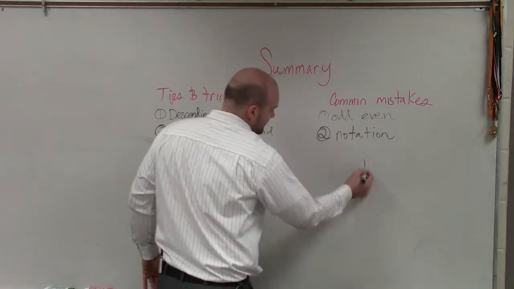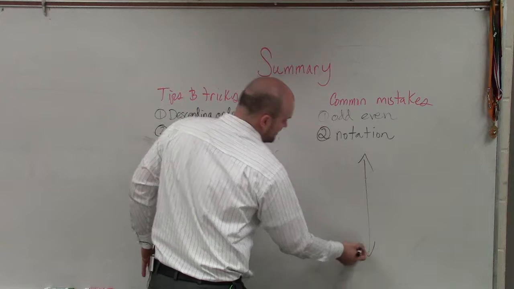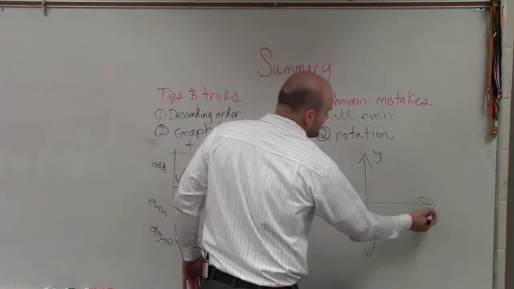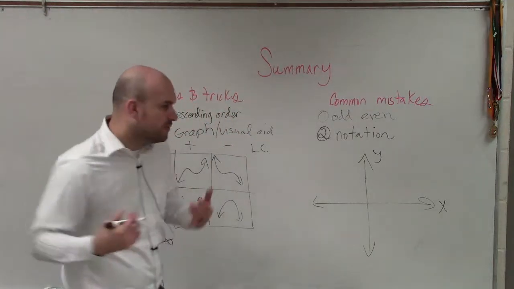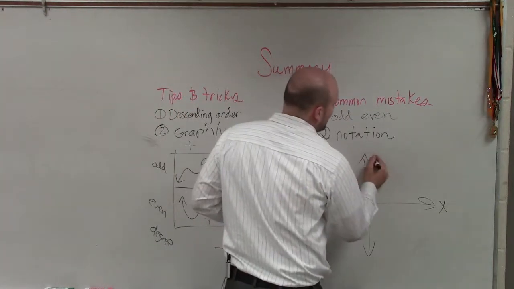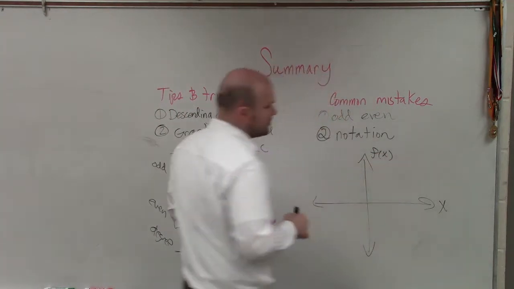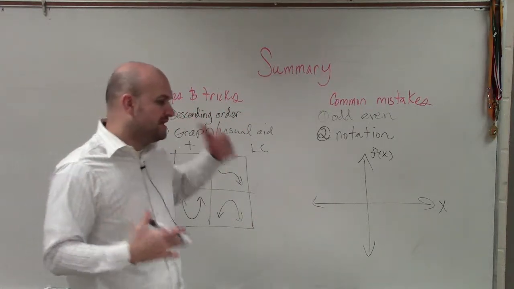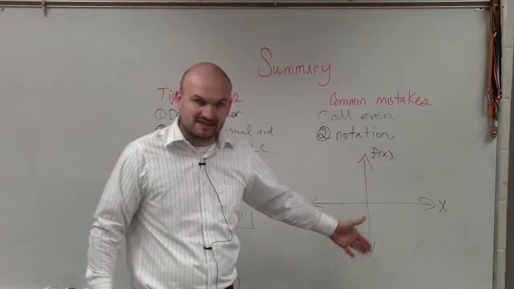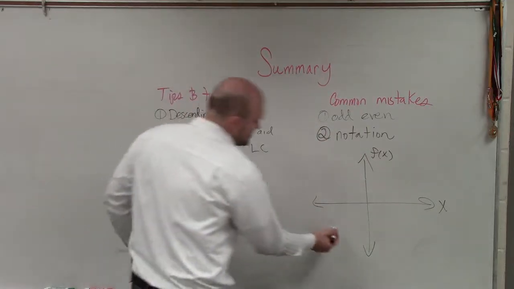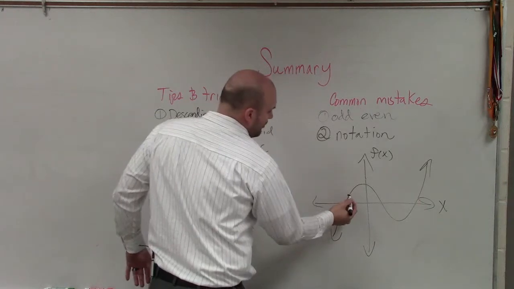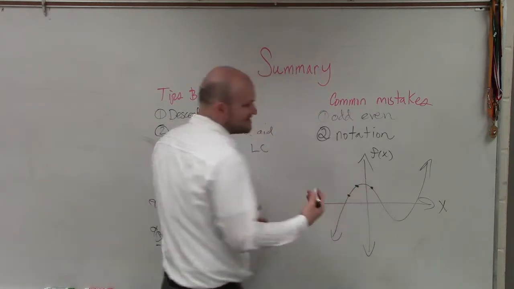Now, this one is a little bit more difficult to identify, but when we're dealing with a function, rather than an x and a y, we're now dealing with an x and an f of x. So when we're dealing with end behavior, what we want to know is the end behavior on the f of x axis. When we have a graph, every point on this graph has an x value.